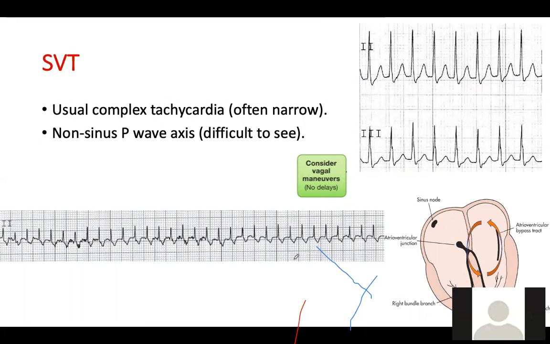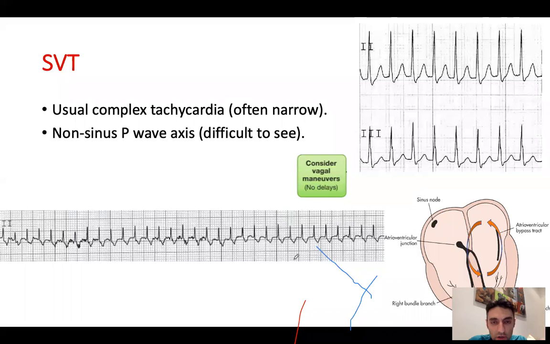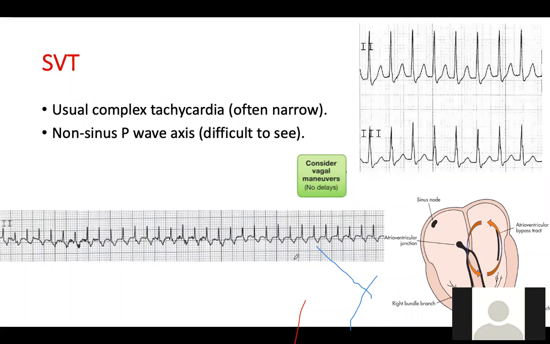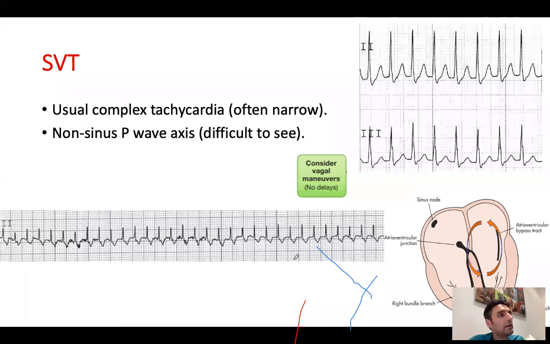Make sense, guys? If there is a bundle branch block, it is SVT with aberrancy. Right, but I'm not saying aberrancy. I'm just saying a patient with intrinsic right bundle branch block because of surgery, then of course his SVT would be wide. Okay.